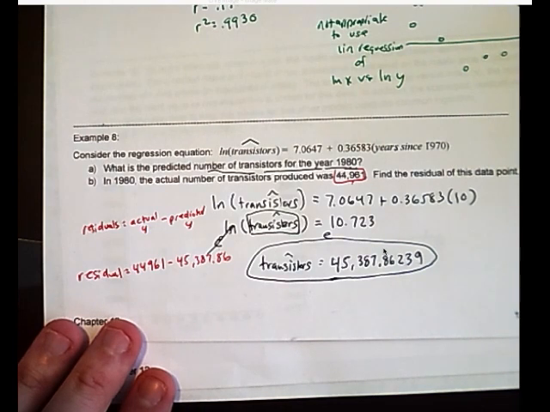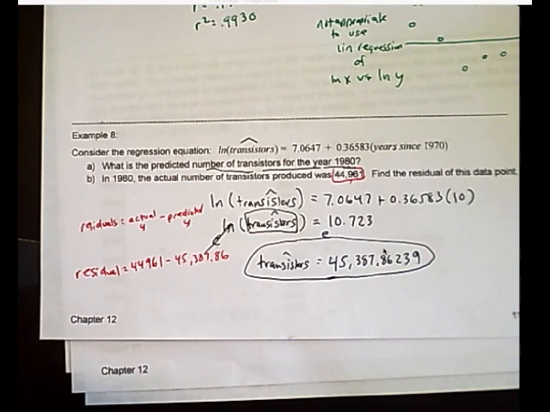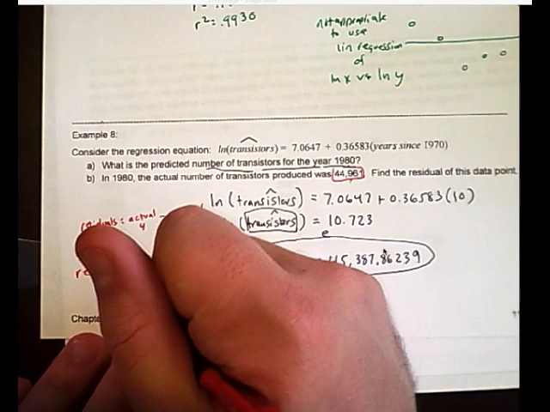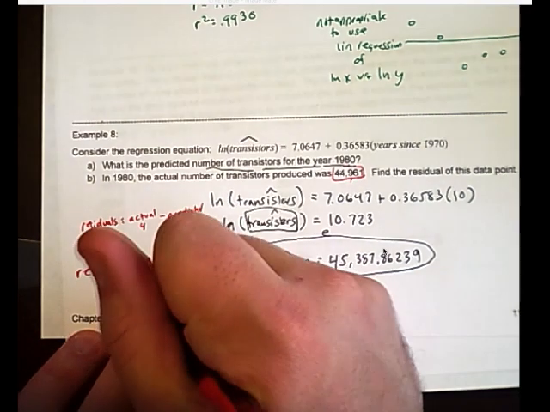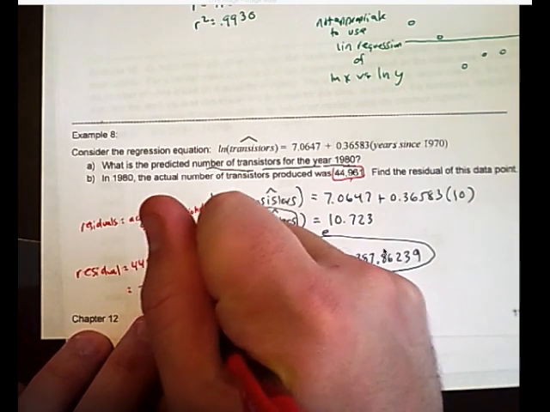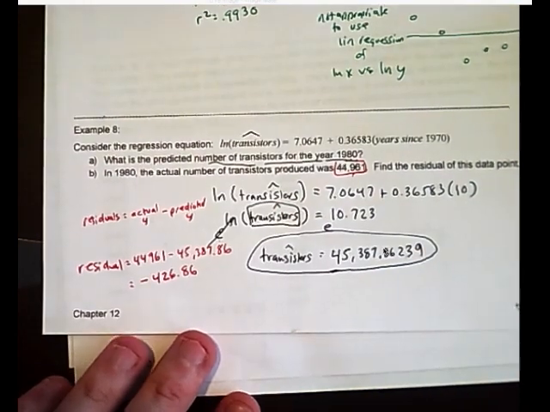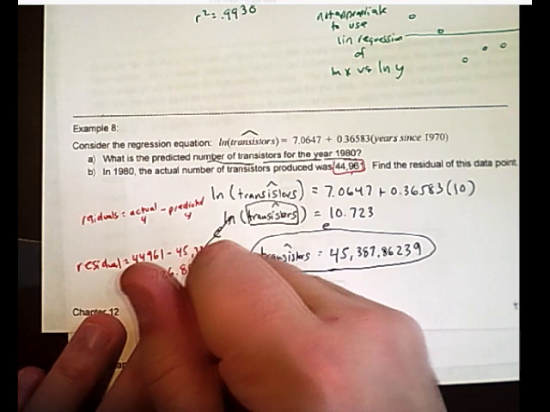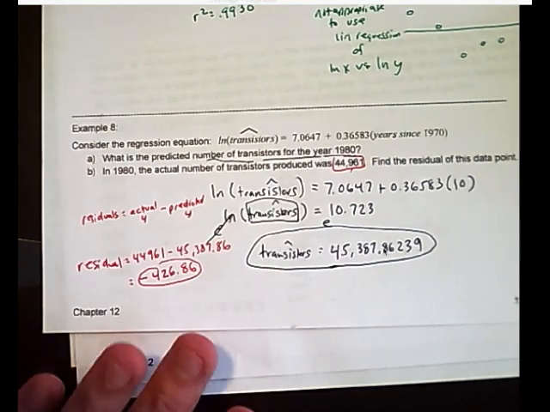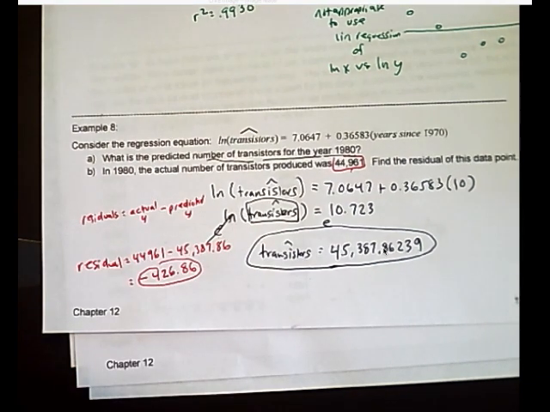So if we just go ahead and put that in the calculator, we get negative 426.86. So this data point would be beneath the prediction line. Any point that's beneath the prediction line would have a negative residual.